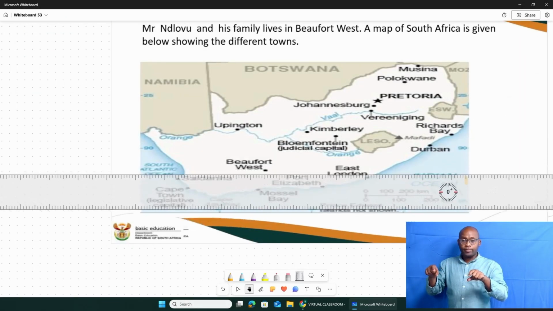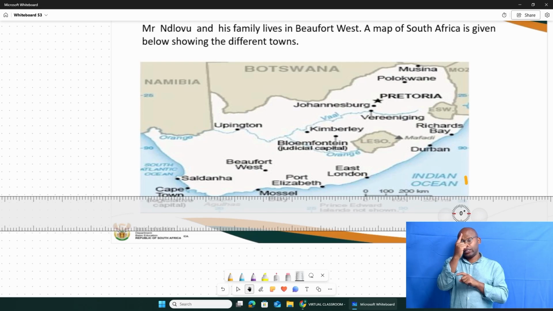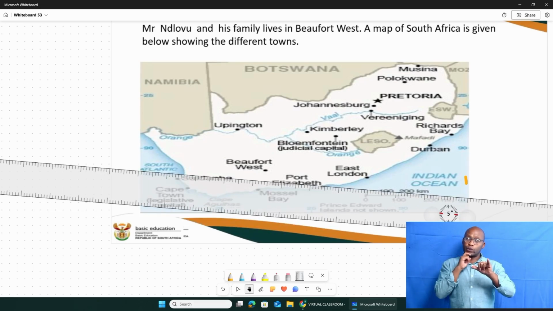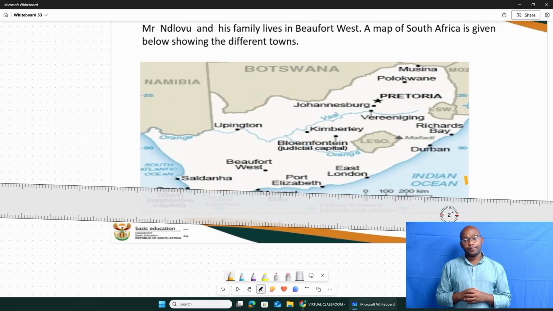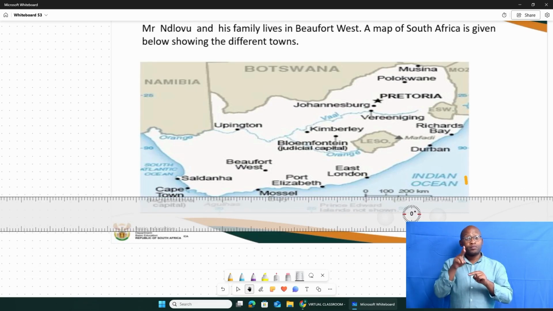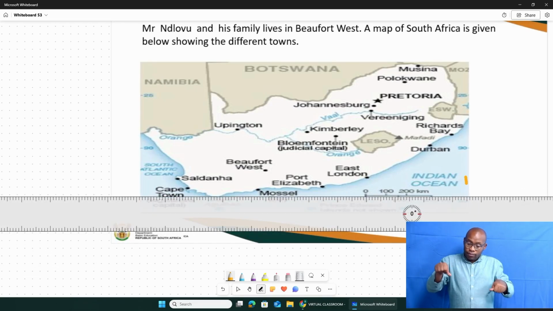Now, if it is 50 millimeters, use the scale to calculate the actual distance in kilometers. For measuring the scale factor, first you have to measure with the ruler. I want to know how many millimeters equal 200 kilometers.